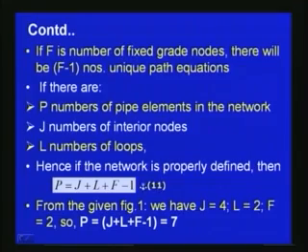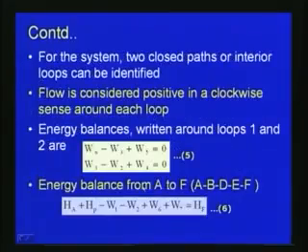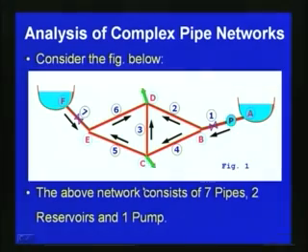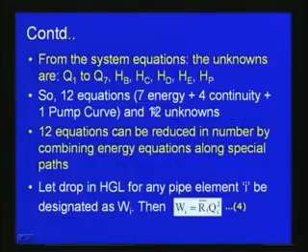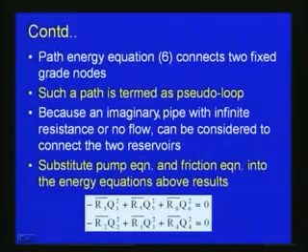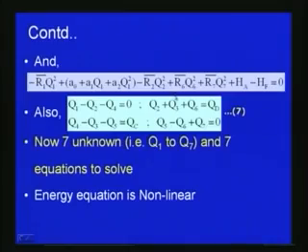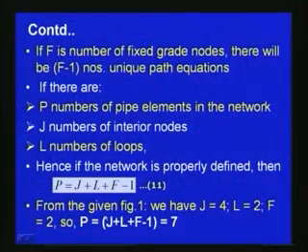Now, for example, consider the last example which we discussed earlier. Here we can see there are 7 pipes, 2 reservoirs, and 2 loops. The network is defined properly when p is equal to j plus l plus f minus 1.